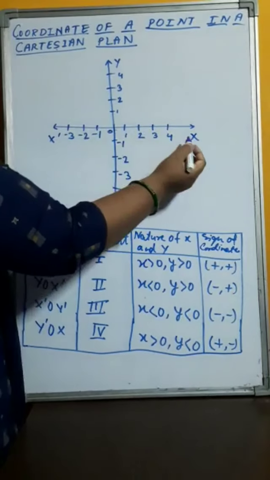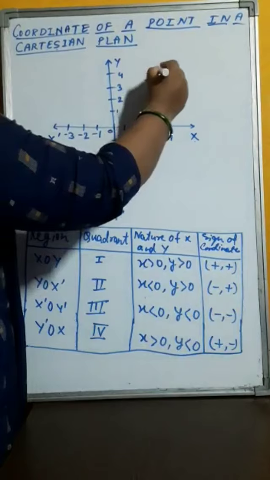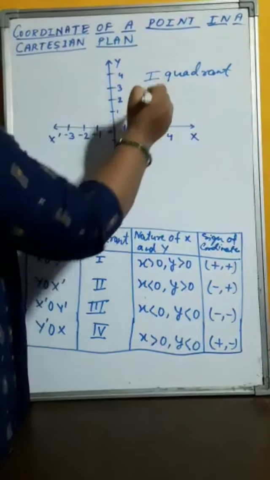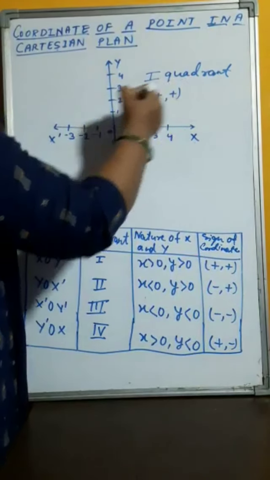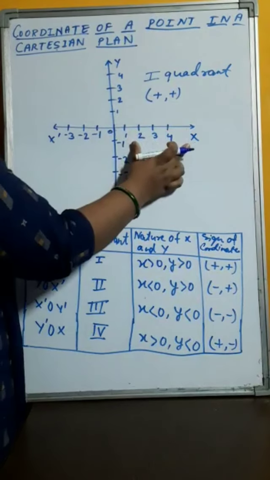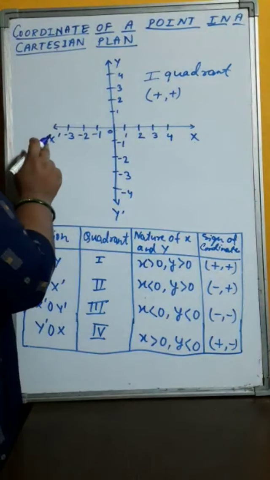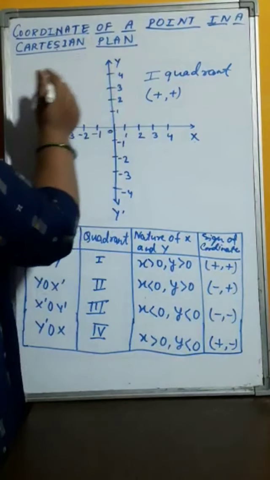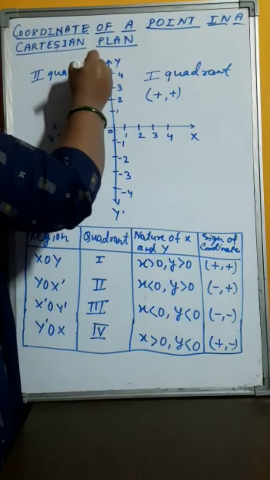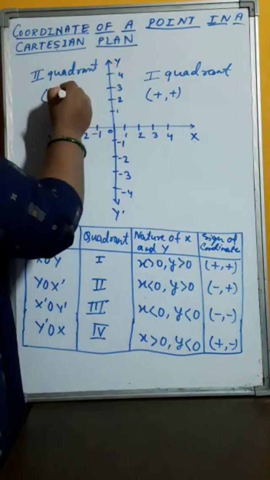The region XOY is known as the first quadrant, where x is positive and y is positive. As I told you, the first place is for x and the second place is for y. Both are positive. The region X dash OY is the second quadrant, and here x is negative and y is positive.